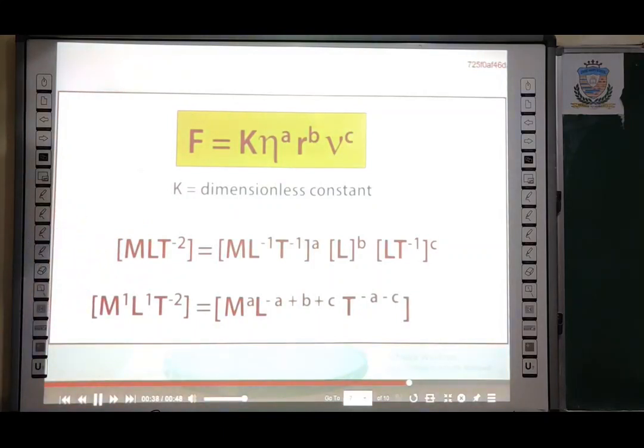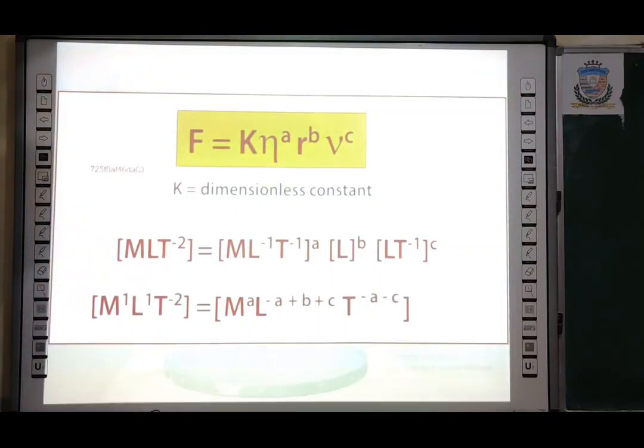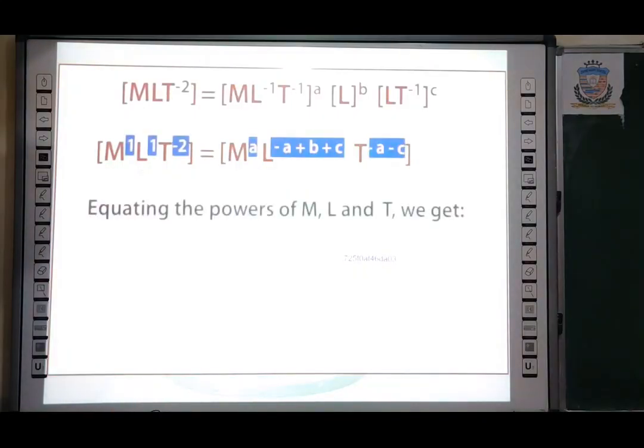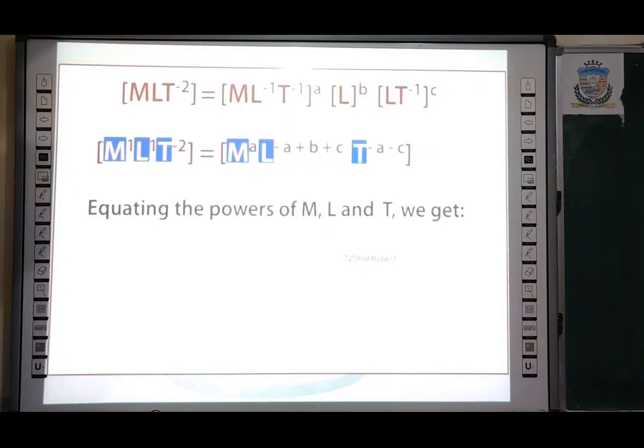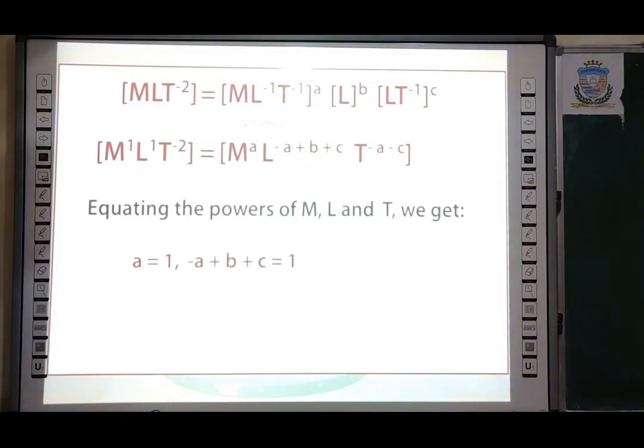Equating the powers of M, L and T on both sides, we get a equal to 1, minus a plus b plus c equal to 1, and minus a minus c equal to minus 2.